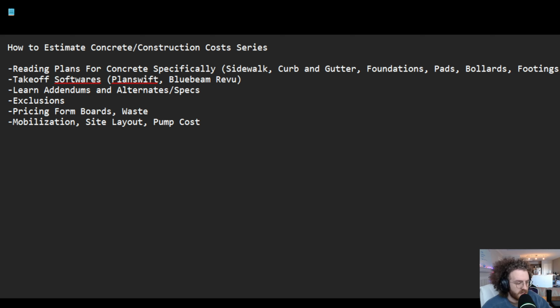Or maybe there's text in the original specs that says you have 120 days to finish this work if you're given the notice to proceed. But a general contractor might say, no, that's going to take us a lot longer. That's going to take us 280 days, and so they would reach back out to the architect or the owner and say, hey, this needs to be changed. That's not reasonable. It's not realistic.